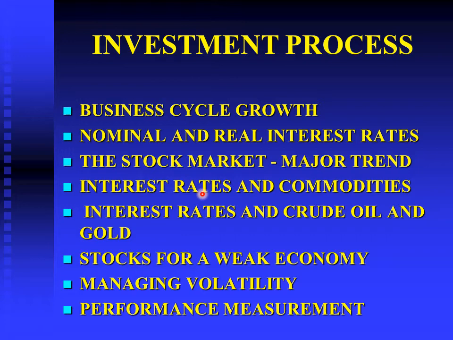Then I look at interest rates and how they relate to the trend in commodities, crude oil and gold, because these are all important asset classes. Then I decide, in this particular case, at the time this presentation is made, which is April 2012, the economy is weak, so what are the stocks for a weak economy? Then how to manage volatility, and then what is the performance and how to use the performance of your portfolio to improve the performance of your portfolio.